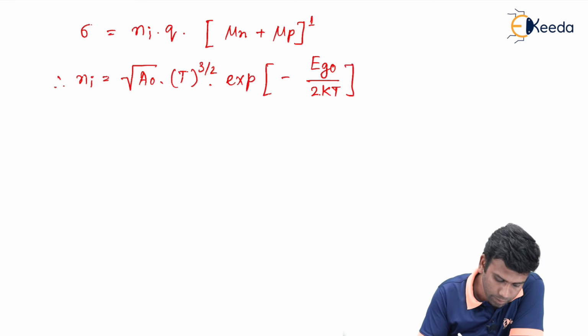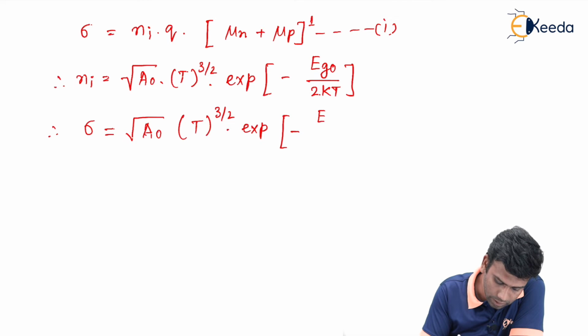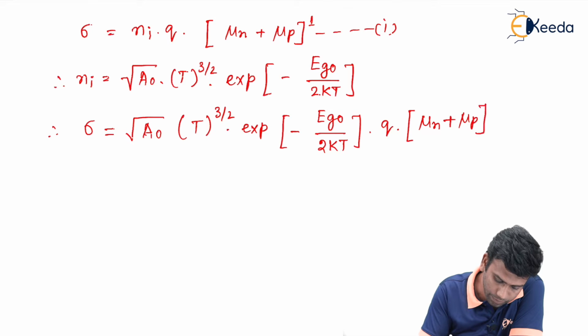Now if we put this Ni value in equation 1, then it will become like this: sigma is equal to root over A0 T to the power 3 by 2, exponential minus Eg0 divided by 2kT, into q into (mu n plus mu p).